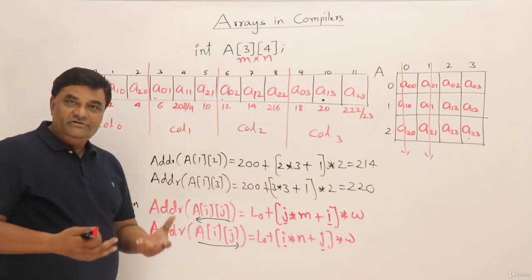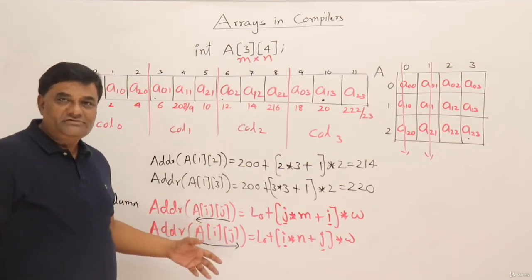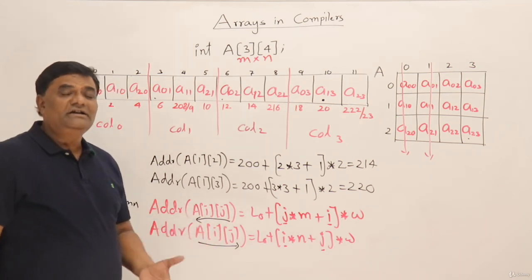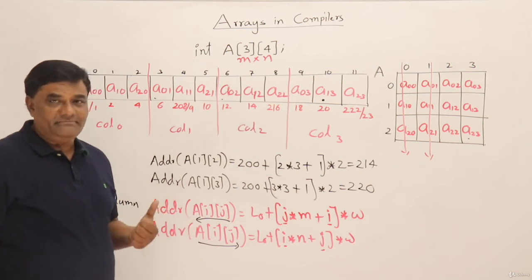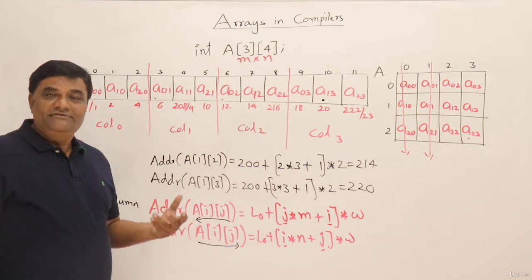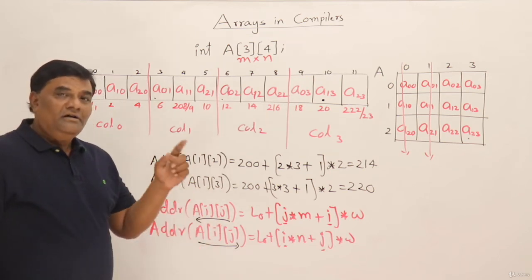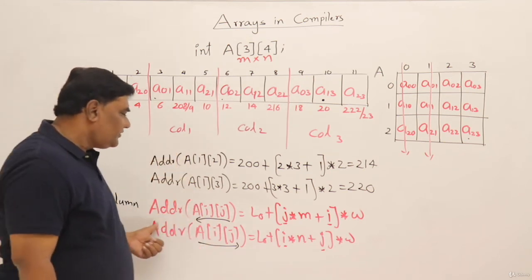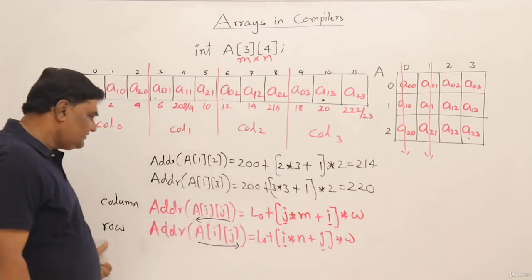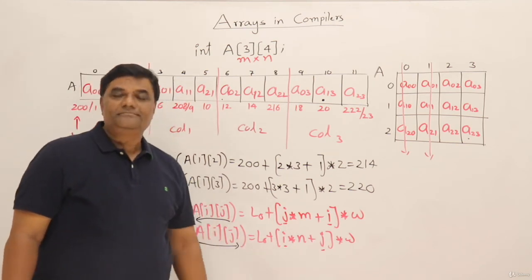If you are designing your own compiler, then you have the option to select any one. Both are equally efficient. There is no difference between them. We can't say one formula is better than another in any situation. But C++ follows the row major formula.